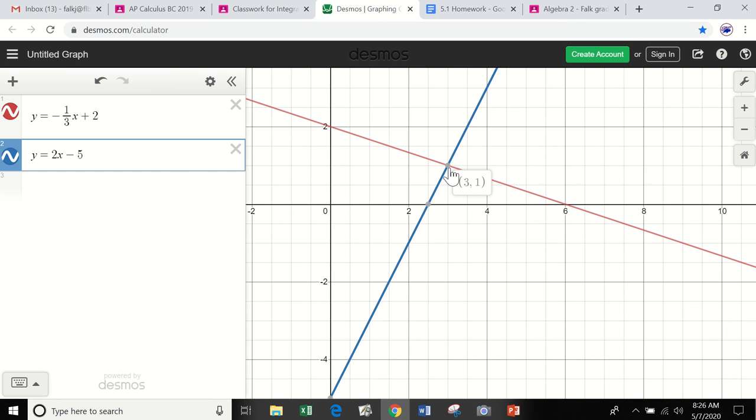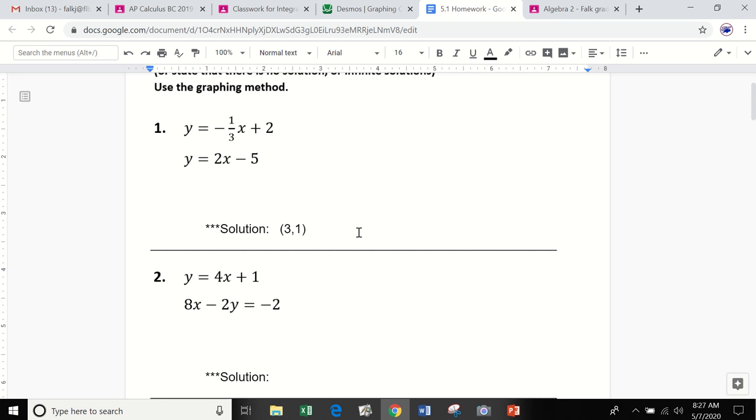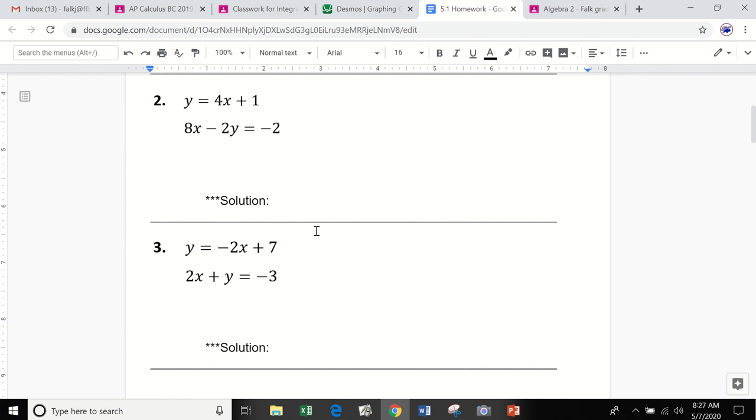That's one of the best things about Desmos: it automatically points out noteworthy points, like where they intersect at (3, 1). So you click where you're typing it in, and type 3, comma, 1, and that's the answer to number 1.